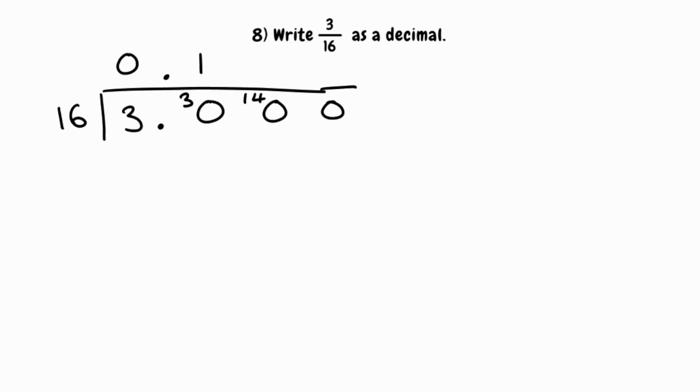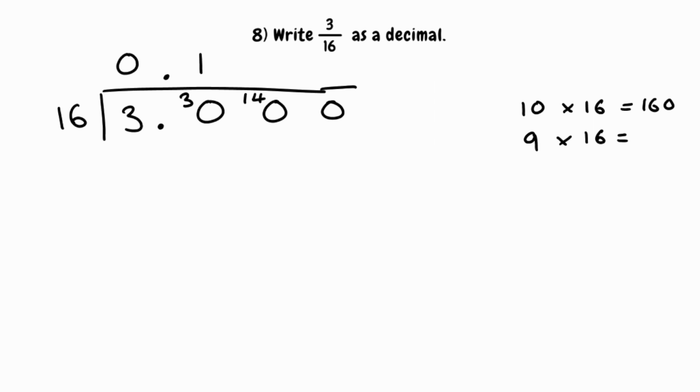So now we want to see how many times does 16 fit into 140. Well, we may not know our 16 times table, so that makes it a little bit more challenging. But I do know that 10 multiplied by 16 is 160, which is quite close to the answer that we actually need. So we can actually work backwards now. If 10 times 16 is 160, then 9 multiplied by 16 must be 16 less.